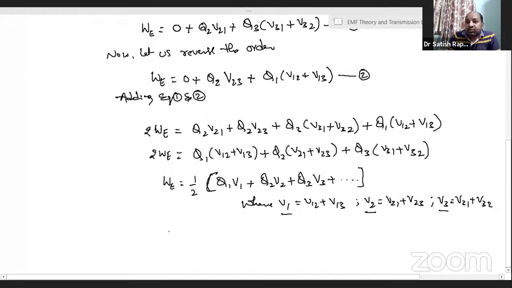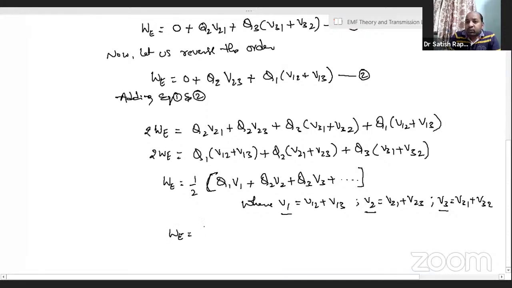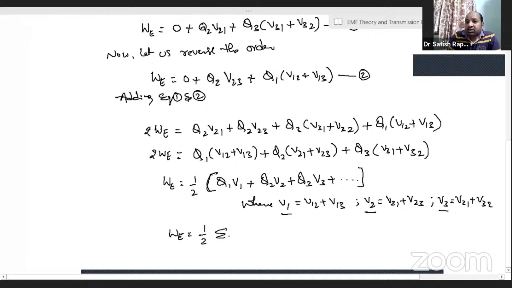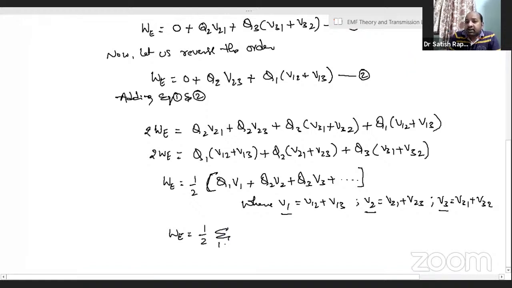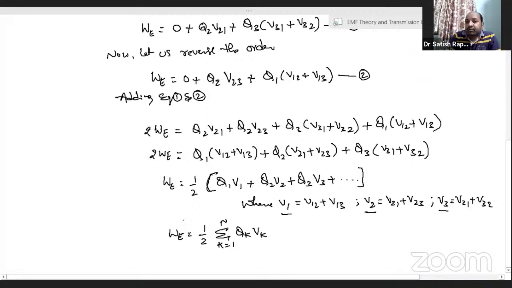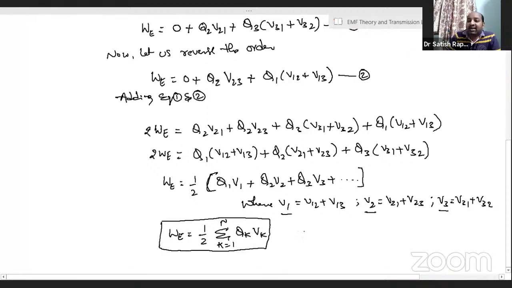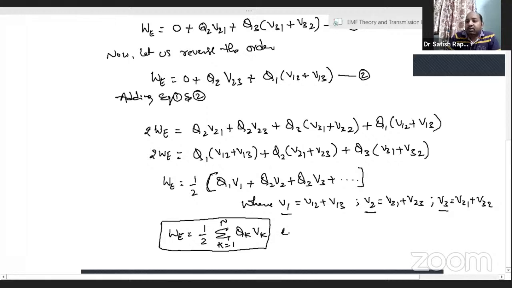Therefore, summarizing, WE is equal to 1 by 2 summation k equal to 1 to n Qk Vk, right? This is the work done, or energy density.